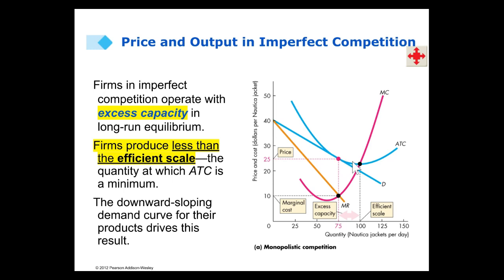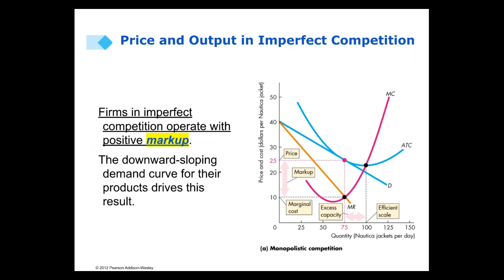If they produced more, they could be at a lower point on the average total cost curve, but they don't produce at the most efficient scale. They produce at a quantity which is less than the efficient scale. And that's one of the characteristics of imperfect competition. They also have this positive markup, meaning they're producing at a price that's higher than their marginal costs.